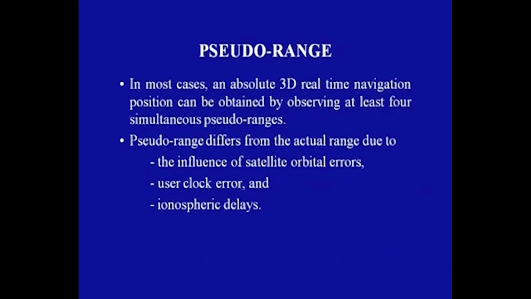In most cases, an absolute three-dimensional real-time navigation position can be obtained by observing at least 4 simultaneous pseudo ranges. These pseudo ranges differ from the actual range due to the influence of satellite orbital errors, user clock errors, and ionospheric delays.